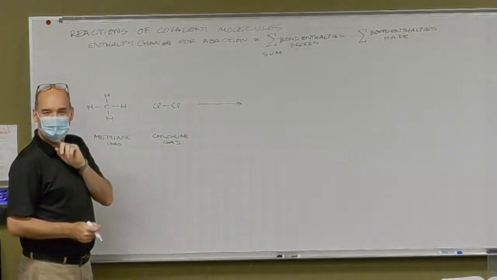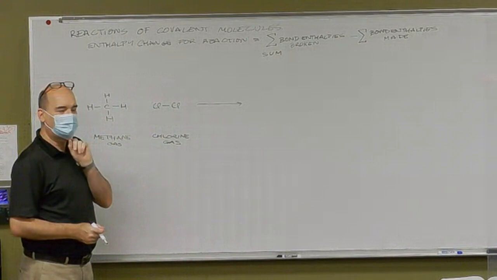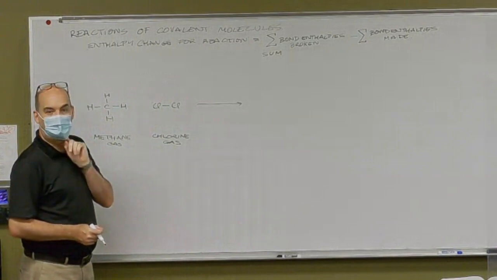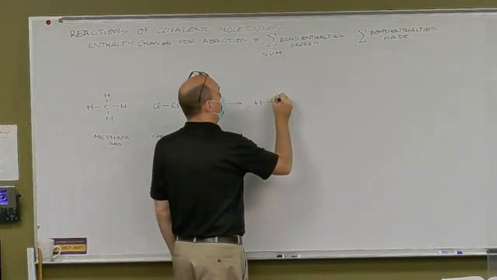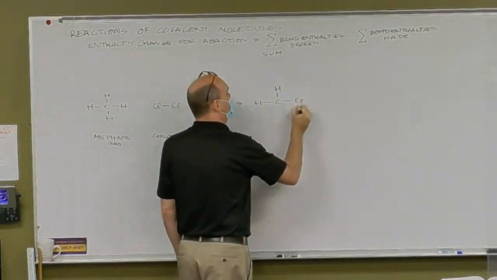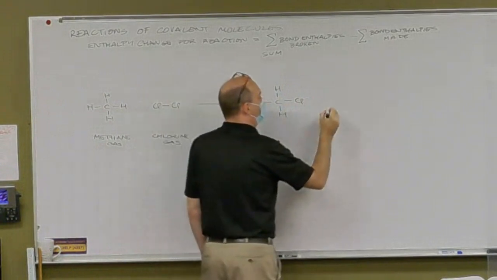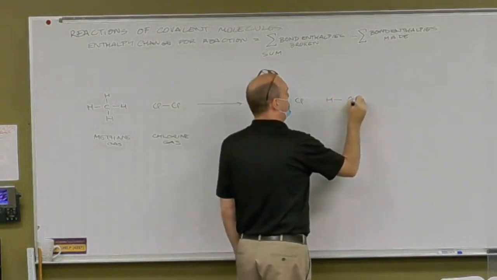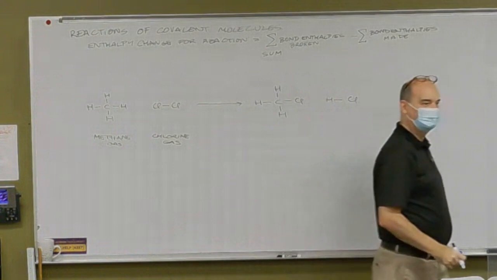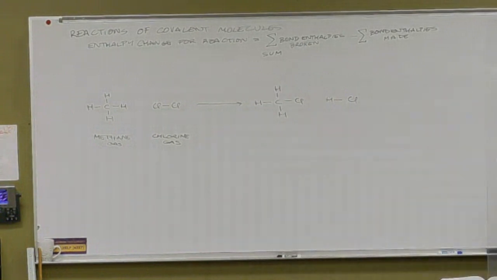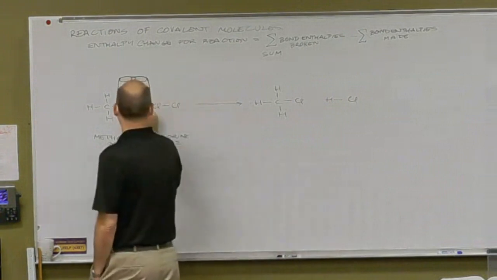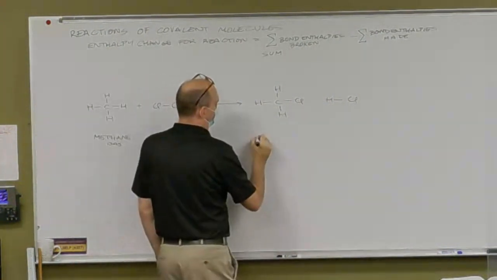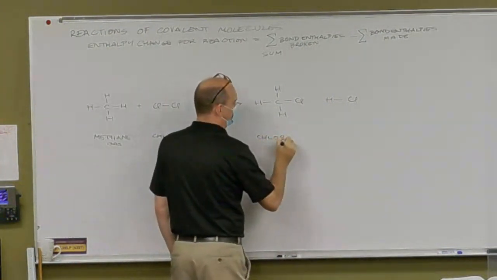Which kind of gives us the sense that chlorine and hydrogen might be interchangeable. I'm going to take one of the hydrogens and replace it with a chlorine. This is now called chloromethane.